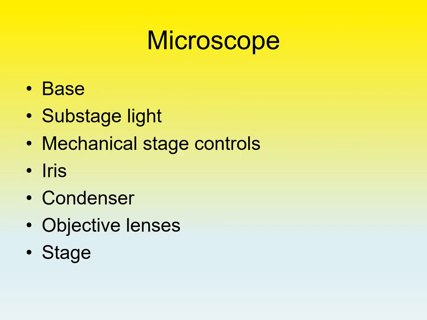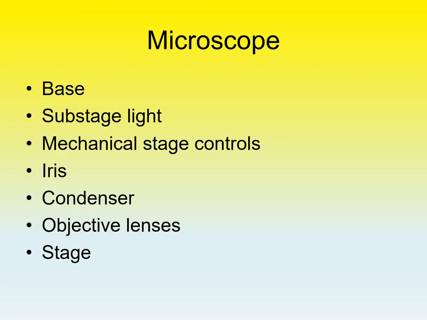In terms of the parts in the microscope, you have several different components you need to be familiar with. The base has the substage light in the compound scope, or light microscope, that we typically use in our teaching labs and in clinical labs. The light is underneath the stage, so we refer to it as substage, and it shines up through the specimen.